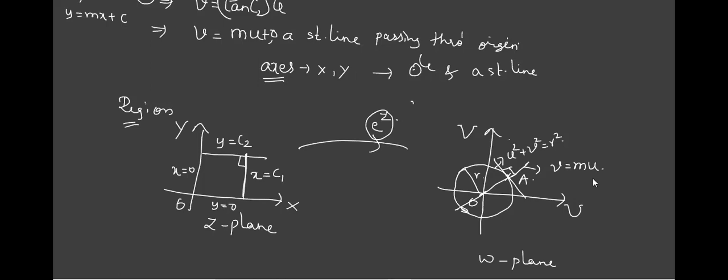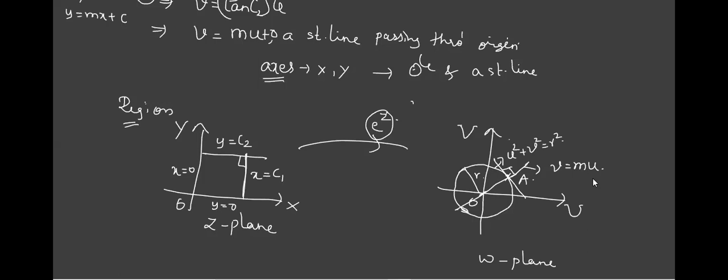This is conformal mapping. I can explain very clearly over here. What are you taking here? Lines, and they are parallel to the coordinate axes. So what are you getting as the image? Are you getting the same curves in the W plane? No, you are getting different curves. But what is the angle here? Even the point of intersection is different here. Still the angle here also is 90 degree.